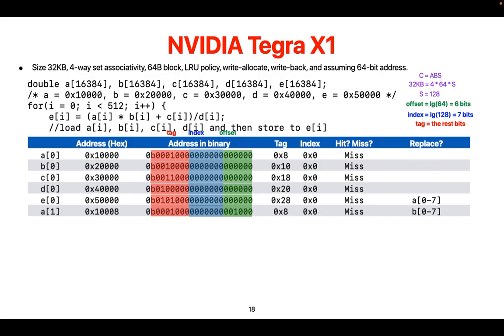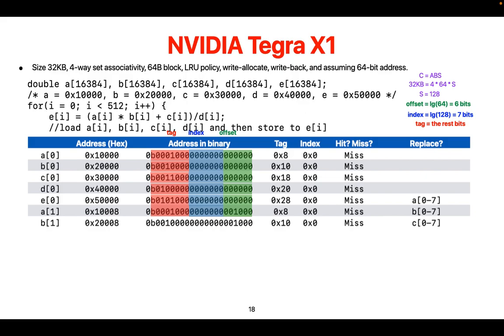According to LRU, that will be B0 to 7. Okay, now I'm accessing B1, 20008. Partition the address like this. Hit or miss? Miss. Do we have to replace anyone? Yes. Who? C.